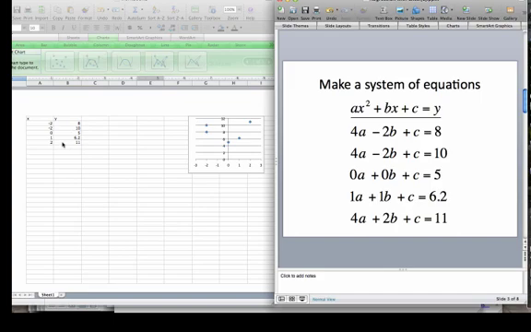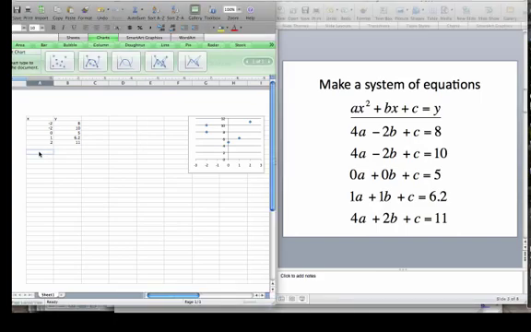Now what I need to do is to make a matrix equation of this system of equations, and so I'll do that in Excel right here. One really important thing about using Excel is that I need to show the label, and I need to show any matrices that I use boxed so that I can see what I have.